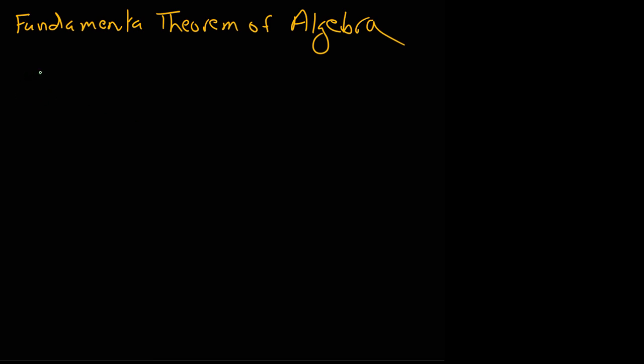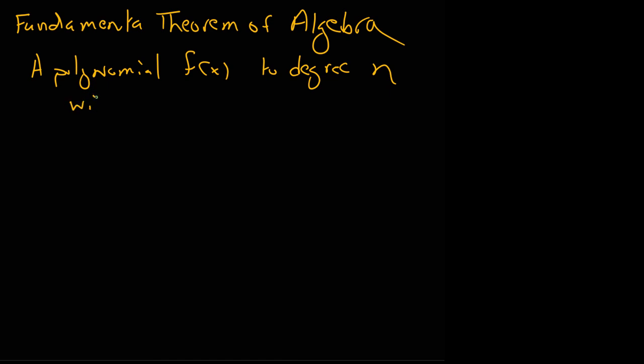It says if you have a polynomial f of x of degree n, with n being greater than or equal to 1. Right? And remember, when n was 0, it was a constant, and constant functions never cross the x-axis. And our definition of a root is crossing the x-axis.